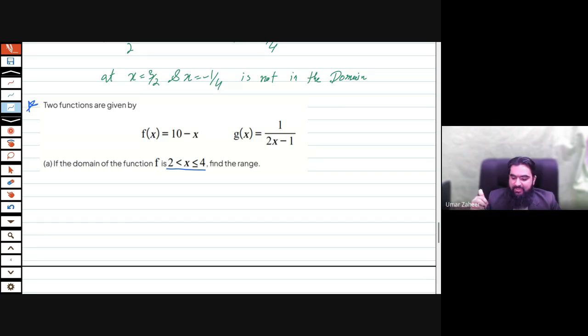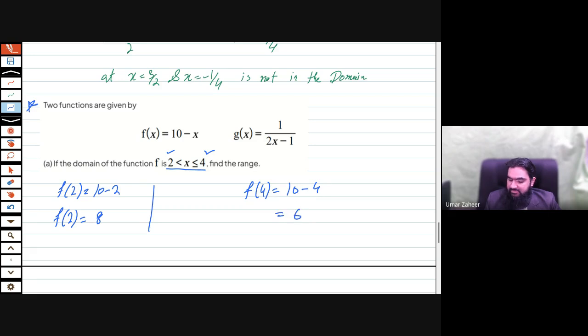So let's substitute the values. We have the minimum value is 2 and the maximum value is 4. So f of 2 is equal to 10 minus 2, which is 8. In the same way, f of 4 is equal to 10 minus 4, which is 6. So the minimum value in the output is 6 and the maximum value is 8.